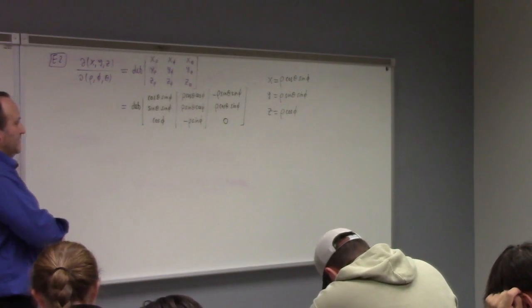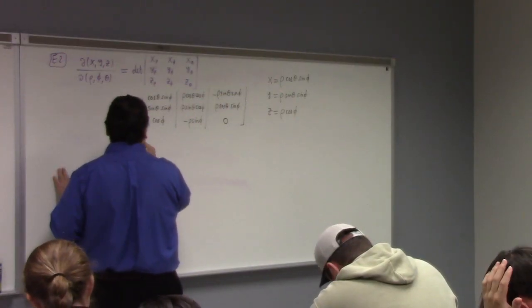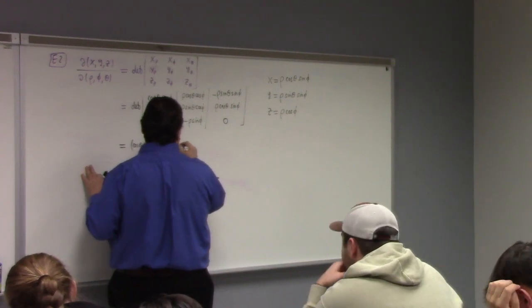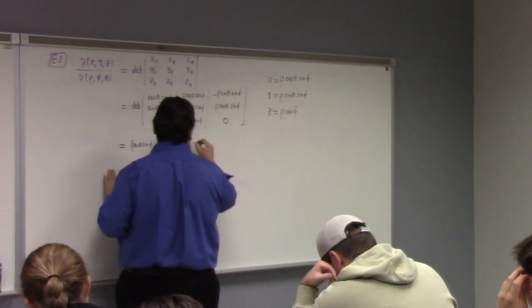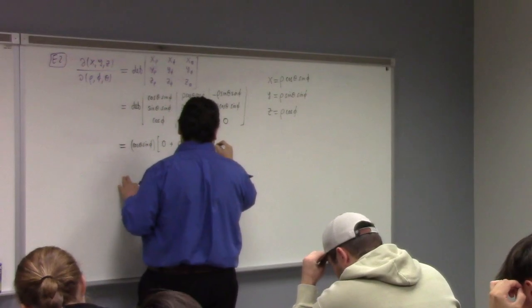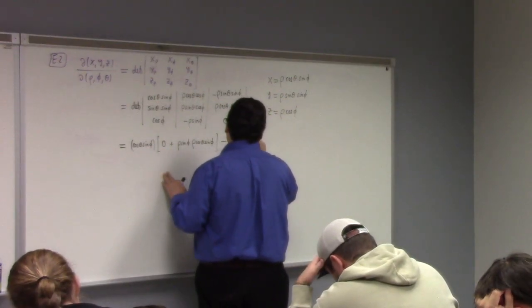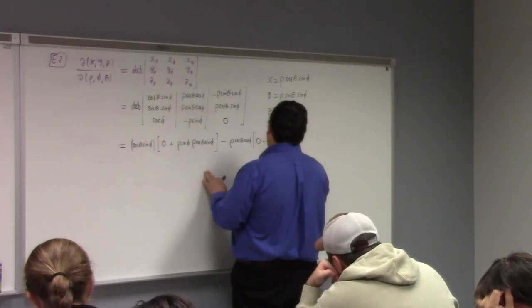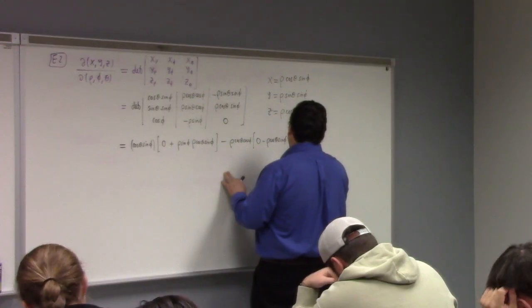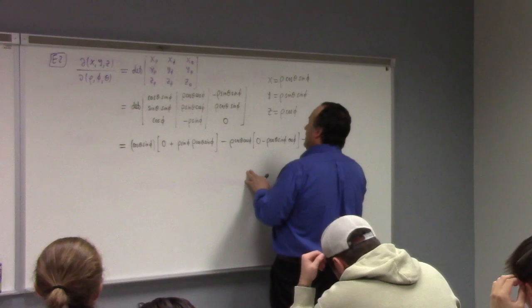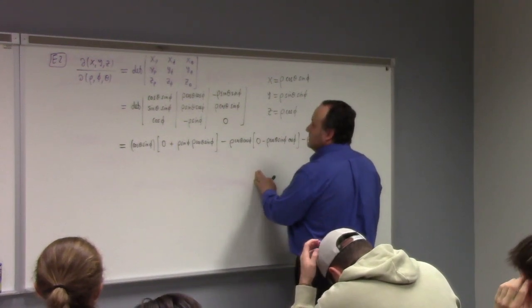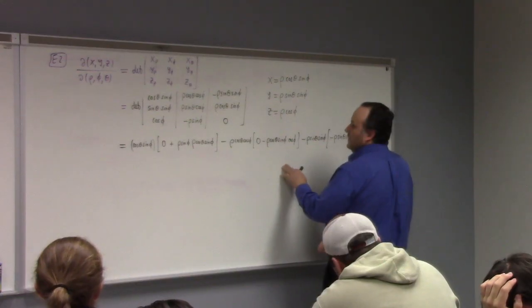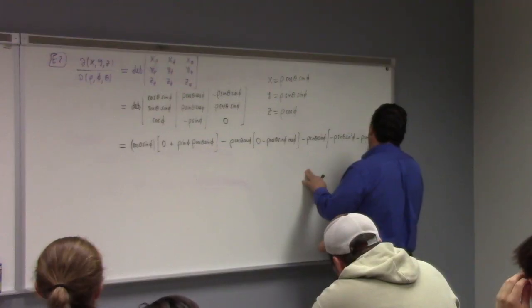Now we have to calculate this determinant, so let's do it. So we've got cosine theta sine phi times 0 plus rho sine phi times rho cos theta sine phi, minus rho cos theta cos phi times 0 minus rho cos theta sine phi times cos phi, minus rho sine theta sine phi times minus rho sine theta sine squared phi, minus rho sine theta cosine squared phi.